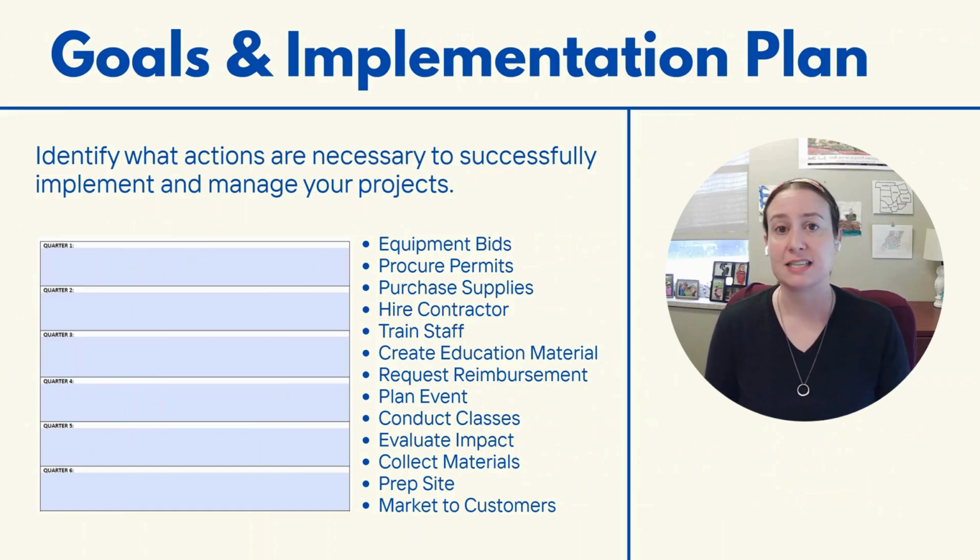You do not have to list every single thing that you're going to do, but we've got it broken down by quarter here. So in the first quarter after your project begins, maybe you're going to be doing equipment bids and putting out a search for a marketing consultant, or maybe you're going to be looking to hire your driver for your program. So what are your quarter one activities?